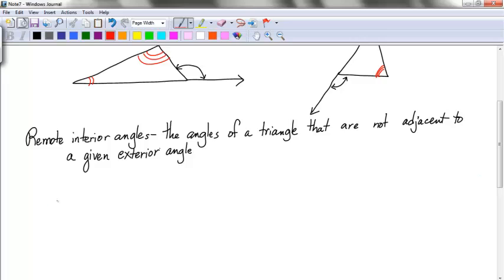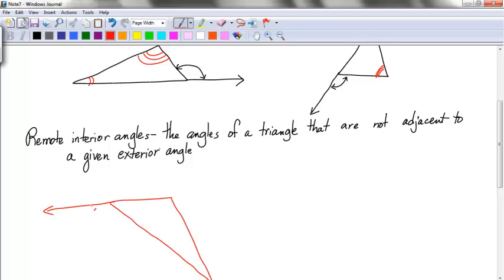Let's do another picture. Let's say you have something like this. I didn't draw that very well, let me do better. Let's say we extend this one back over here.